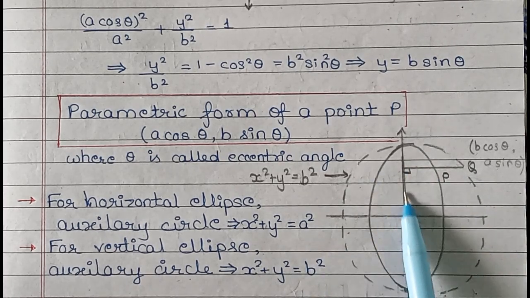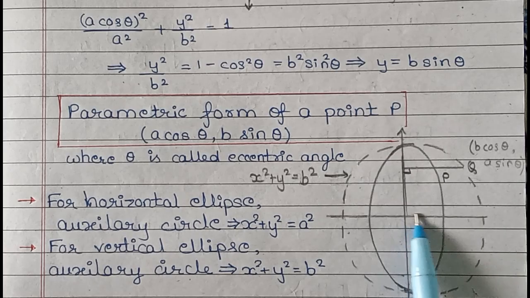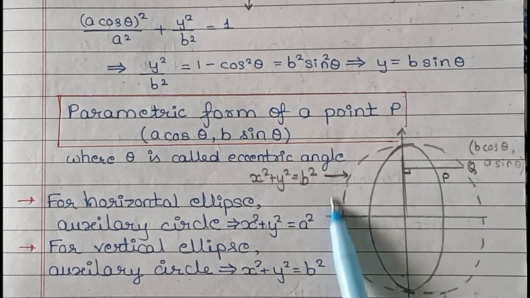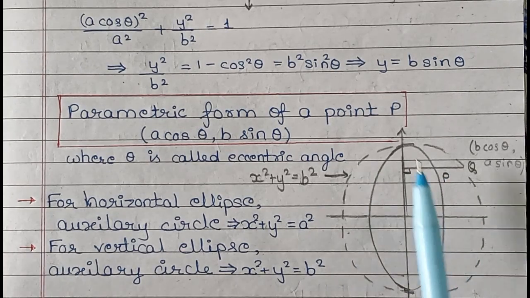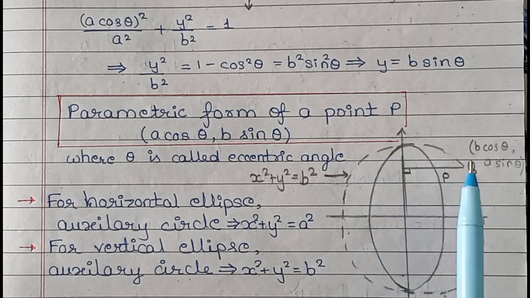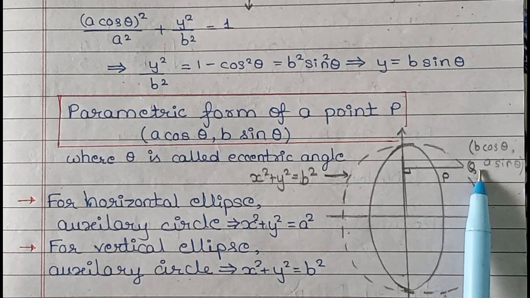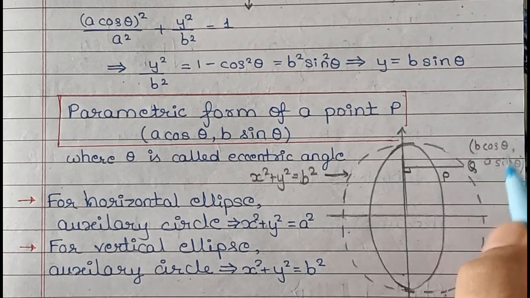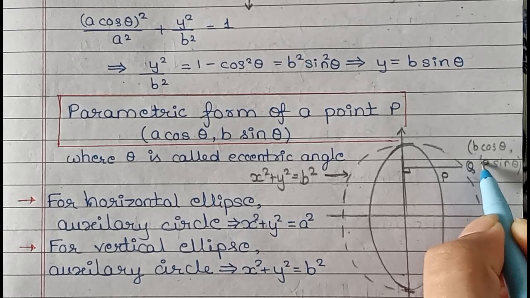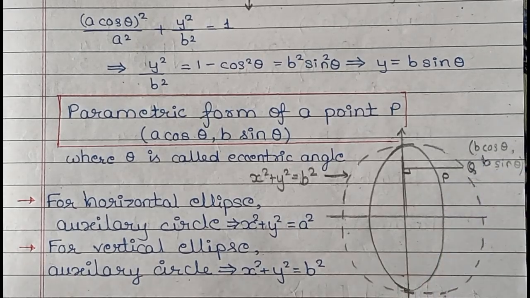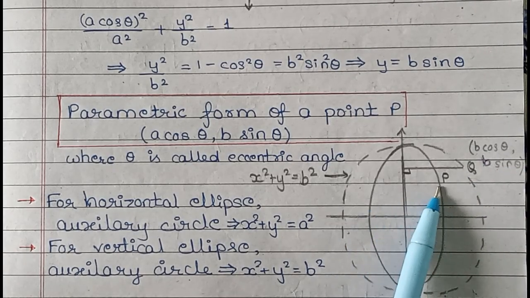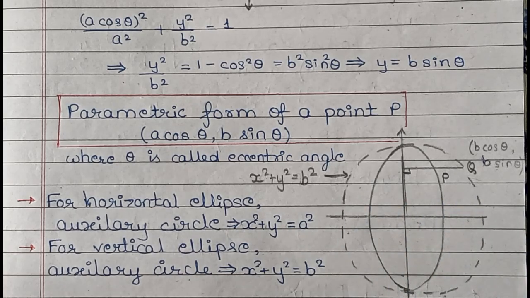Here the radius is considered b, so by extending it here we can draw a circle by meeting the endpoints of the ellipse, and the Q, which is a general point on the auxiliary circle, will be b cos theta and b sin theta. It will be b here. The point P is to be written by the parametric form.